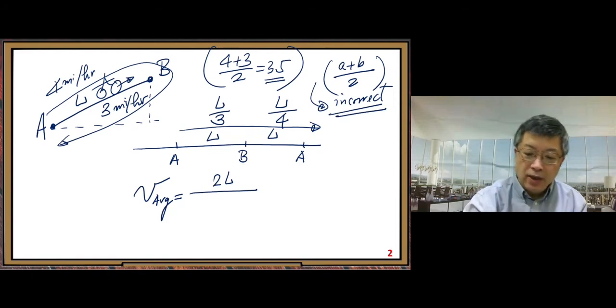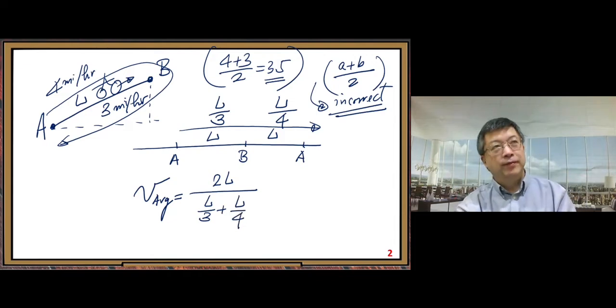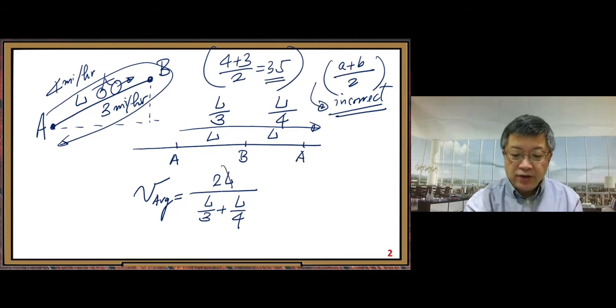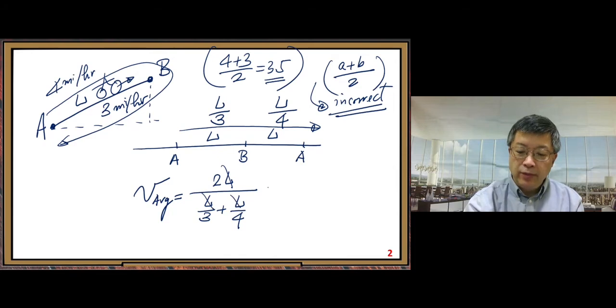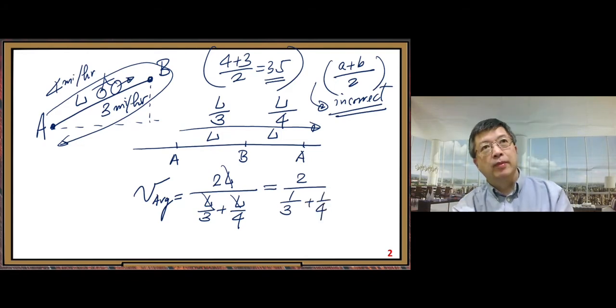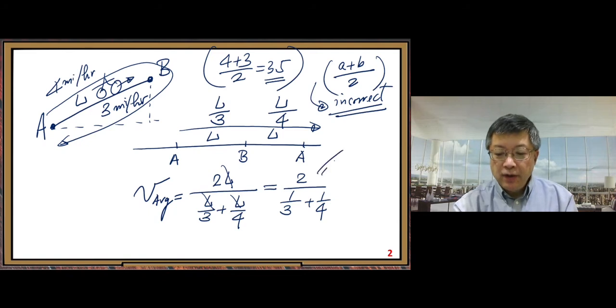So now the total time is L over 3 plus L over 4. L, we do cancellation; we don't know how large L is, but we can cancel it. So we will have 2 over 1/3 plus 1/4. Here you can see this actually is the harmonic mean.